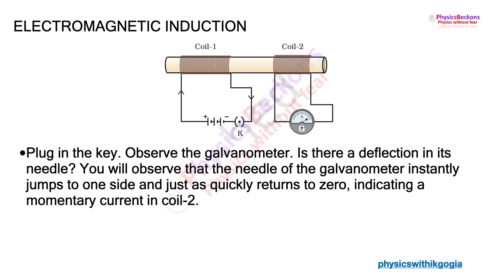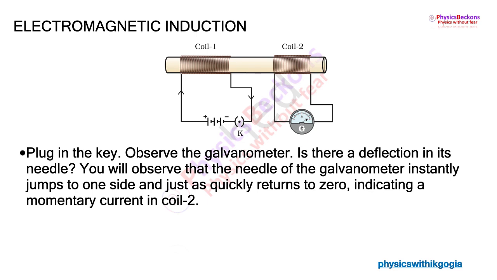Coil 2 does not have a source of current, there is no cell, no battery, only a detection mechanism, that is the galvanometer, has been attached. But inserting the key in the circuit of coil 1 produces current in coil 2.